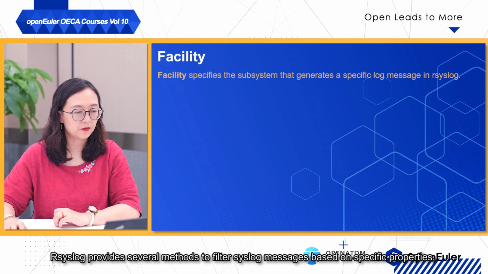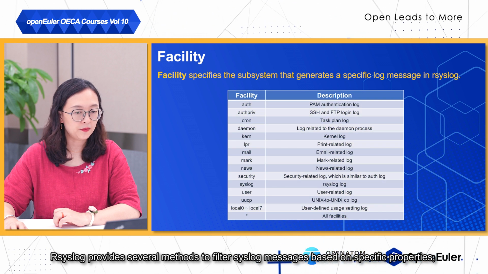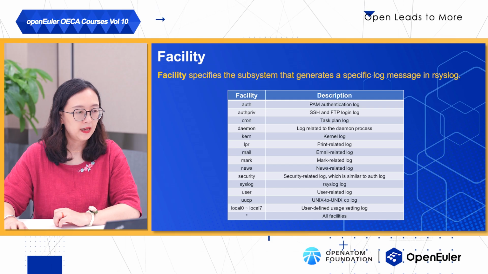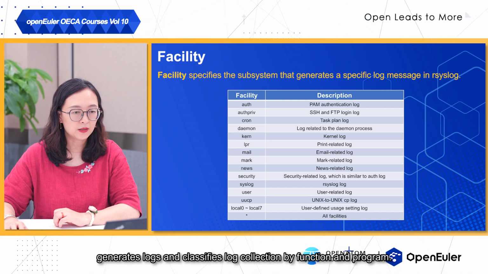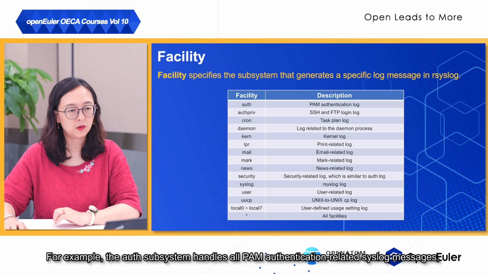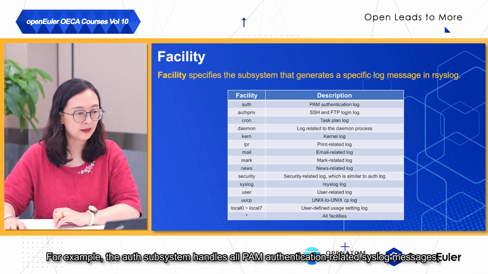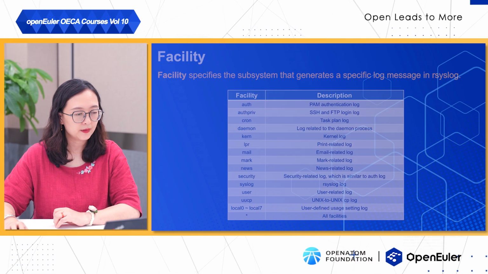rsyslog provides several methods for filtering syslog messages based on specific properties such as facility and severity. A facility, represented by one of the following keywords, generates logs and classifies log collection by function and program. For example, the authpriv subsystem handles all PAM authentication-related syslog messages, and the mail subsystem handles all mail-related syslog messages.